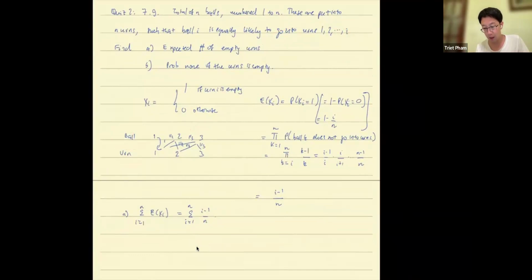The first is that ball I can only go to urns 1 to I. The second is that two balls can go into one urn, meaning one gentleman can pick two hats, whatever that means. But in the hat problem, each gentleman can only pick one hat. Anyway, part B sounds a lot like the hat problem: probability none of the urns is empty. So how do we do part B?